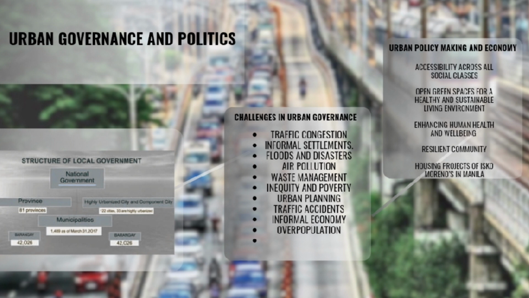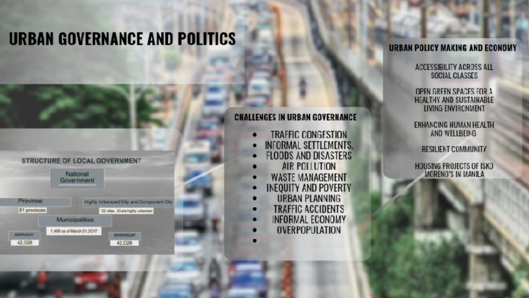Then flood and disaster, air pollution, waste management, lalo na sa Manila Bay noon, kaya rami ng mga basura at dumi. Then next is equity and poverty, urban planning, traffic accidents, informal economy, and overpopulation.